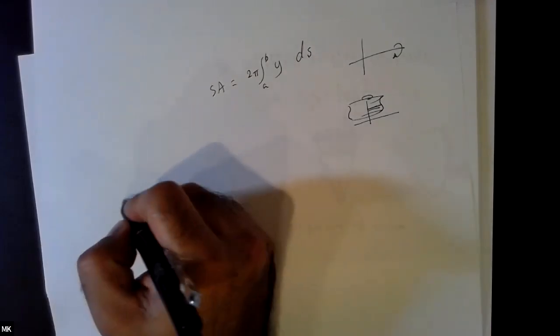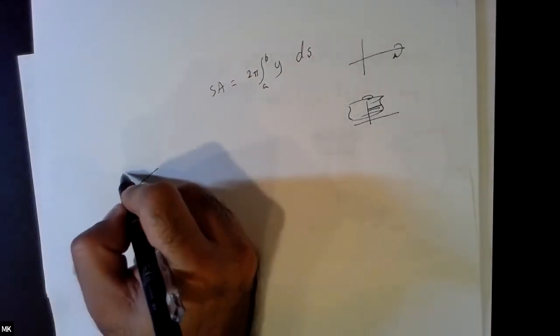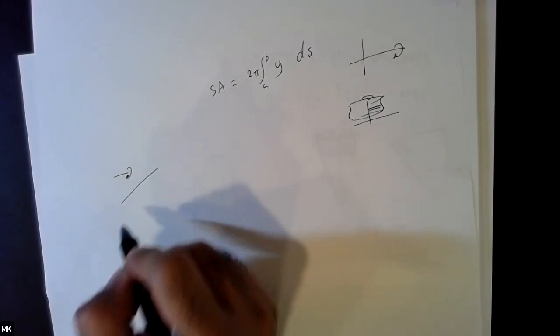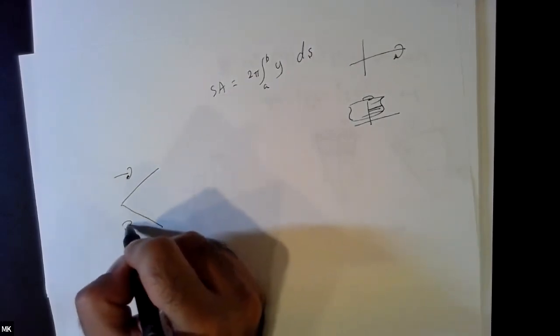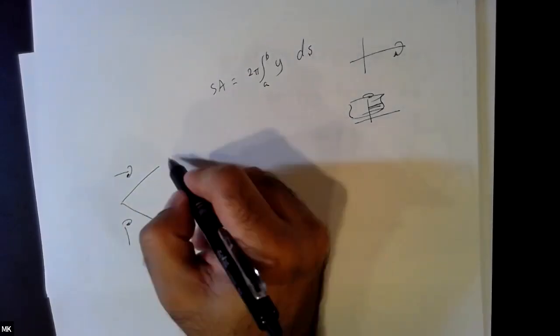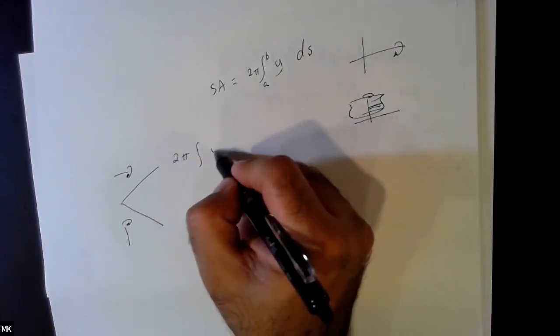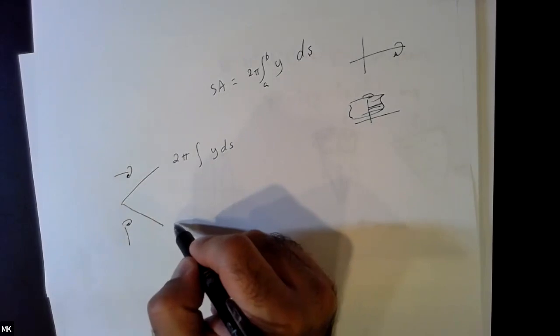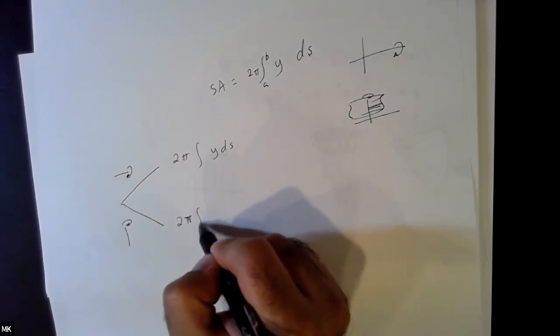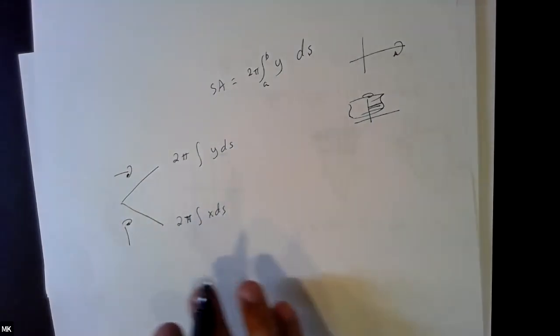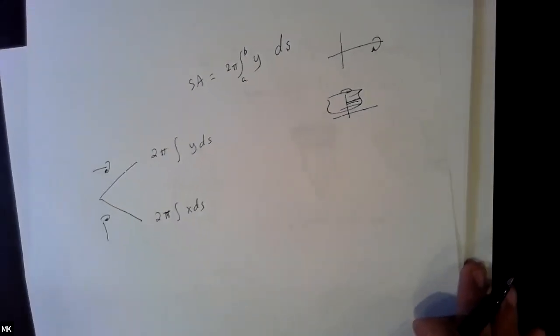So one breakdown is if I rotate about the x-axis versus if I rotate about the y-axis. If I rotate about the x-axis, my integral is going to be 2 pi integral, my radius would be y, ds. And if I rotate about the y-axis, it's going to be 2 pi integral x ds. So the choice of x or y is not dependent on what's a function of what.